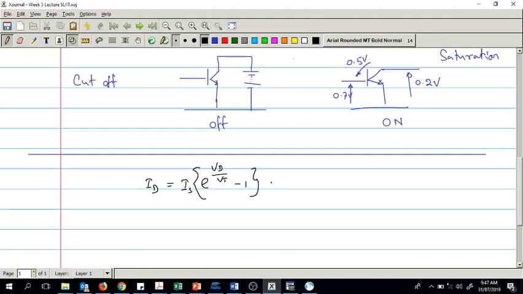This can be approximated to ID equals Is e to the power Vd over Vt for a forward bias, because 1 becomes negligibly small, right?